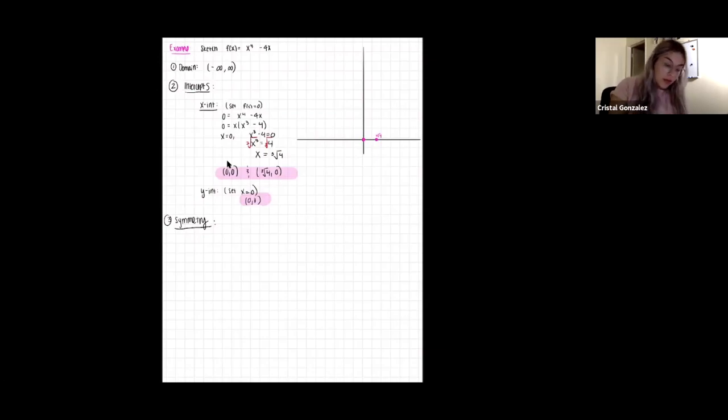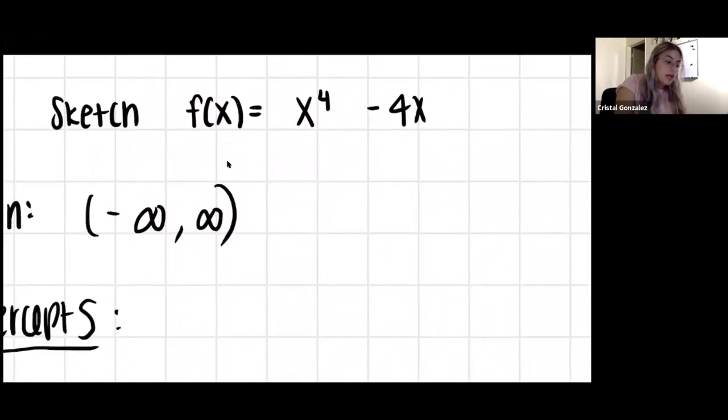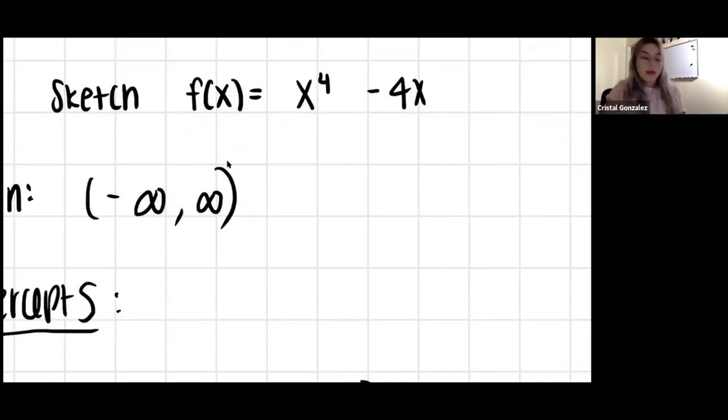So remember that in order to determine if it's even or odd, we'll go back to our function here and say, if I plug in f of negative x, what do I get? Am I going to get back negative f of x or positive f of x, or neither?